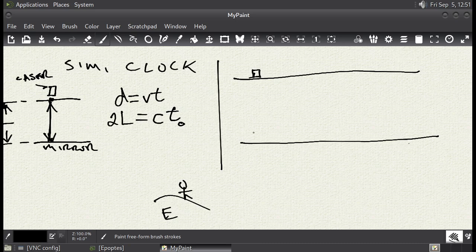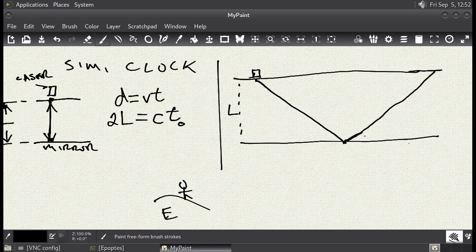This whole clock is now inside the spaceship. So as the light leaves the laser beam, it doesn't travel straight down, it's traveling on a diagonal. And now it hits the mirror, and then it travels back up, and finally gets to this place here. Now, the vertical distance here is still L.